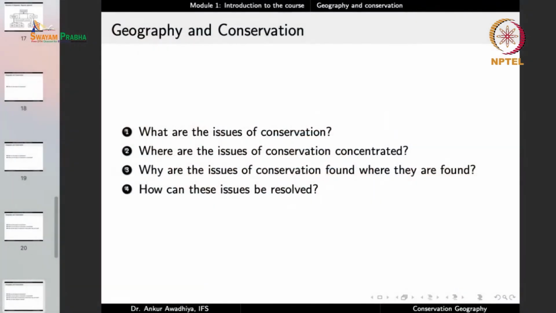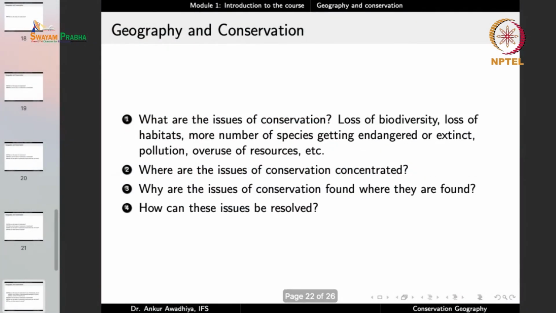What are the issues? Where are they found? Why are they found where they are found? And once we understand these, only then can we solve the question of how to solve these issues, or how to abrogate these issues. So if you look at the issues of conservation, there are several. Things like loss of biodiversity.